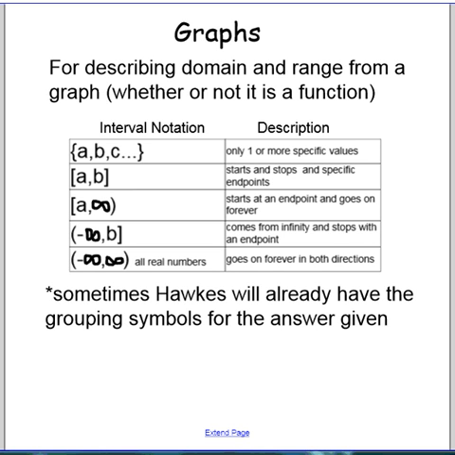Notice the braces here are the squiggly lines that represent a set. We saw that in our set notation. And so when we have those, we have just specific values, A or A, B, C, things where there's only one or a handful of specific values for either the x's, the domain, or the y's, the range.